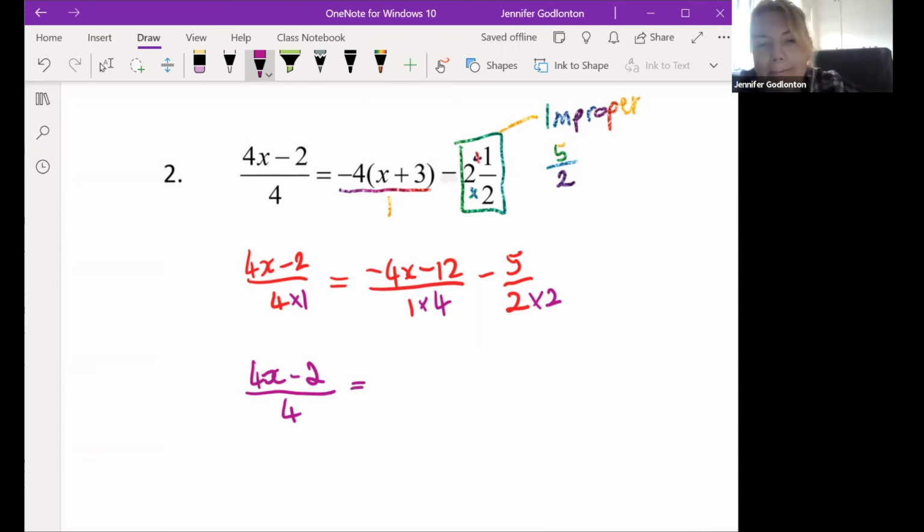equals minus 16x minus, what's 4 times 12? Let me get my calculator.